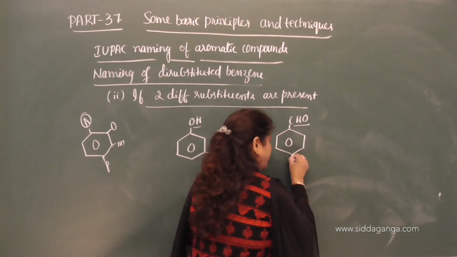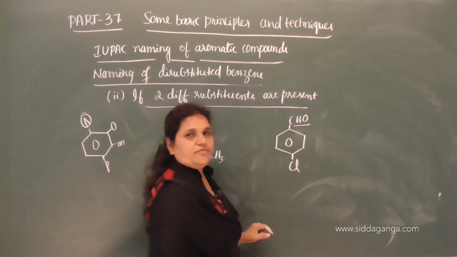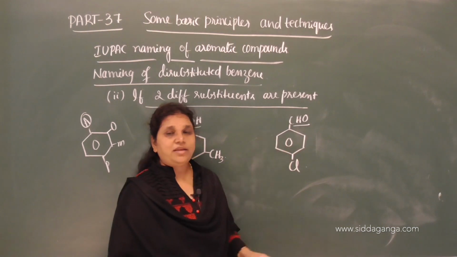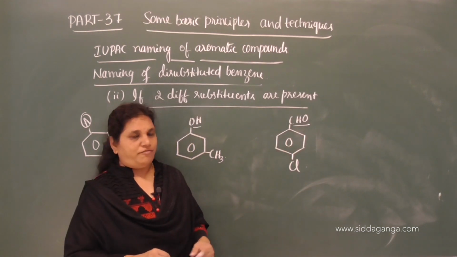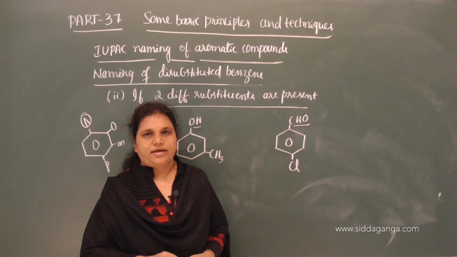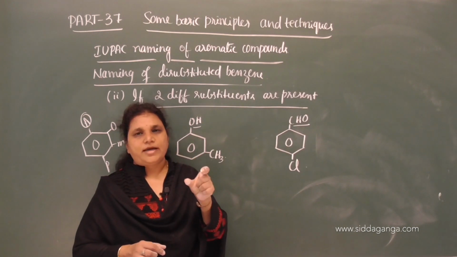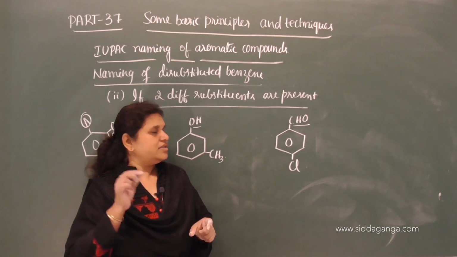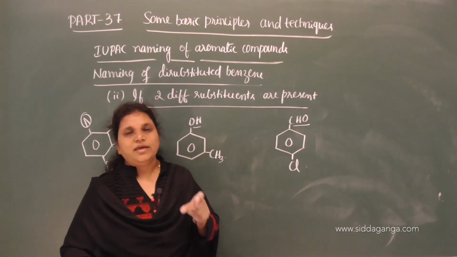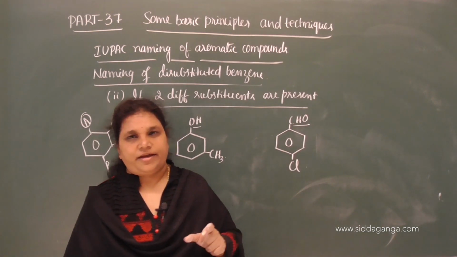And here you can substitute with Cl, which means you can name it as a derivative of substituted benzaldehyde. You can take the root word as benzaldehyde, or else you can take the root word as benzene carbaldehyde. Clear?